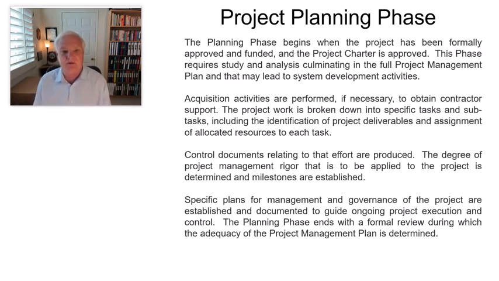This phase requires study and analysis culminating in the full project management plan, and that may lead to the addition of system development activities. So acquisition activities are performed, if necessary, to obtain contractor support, subcontractor support, consulting support. All of those come in, and the work is broken down into what we call specific tasks and subtasks, in addition to the hard milestones that we need to have.